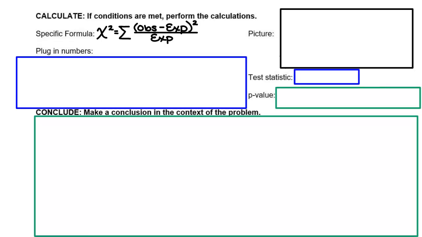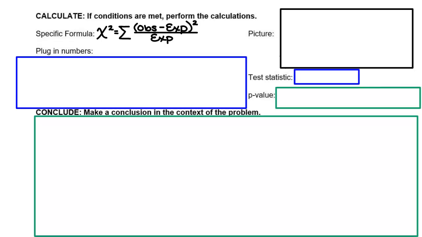So I've got that little summation symbol right after the equal sign, because we're going to have a fraction for every observed count. How many observed counts did we have? We had 4. We had 4 different possible ways that this could be arranged. We had yes to both taco tongue and evil eyebrow, yes to taco tongue, no to evil eyebrow, no to taco tongue, yes to evil eyebrow, and no to both of them.